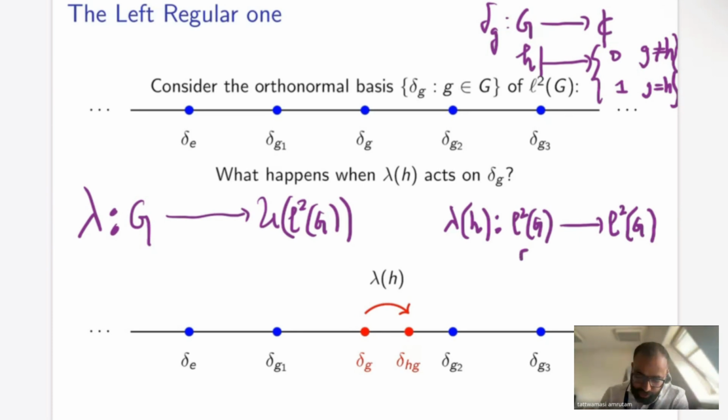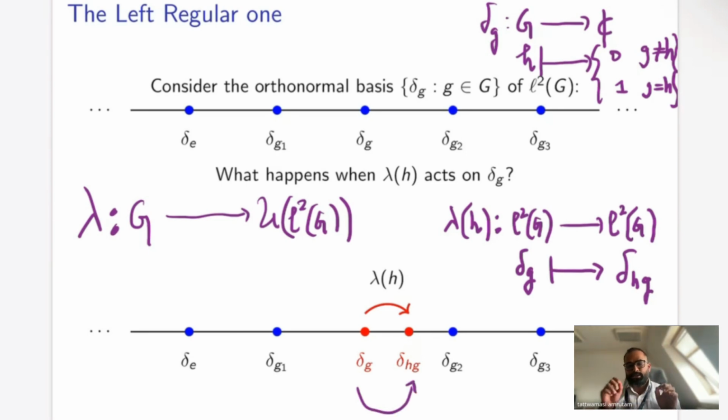I need to tell you what happens to delta_g. Where should this map be? Basically I just translate them: delta_hg. That's exactly what is happening in this map. I take each orthonormal basis element and keep translating them by each group element, depending on where it is sent. This defines a well-defined map.